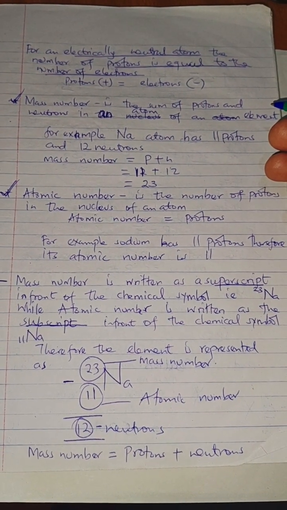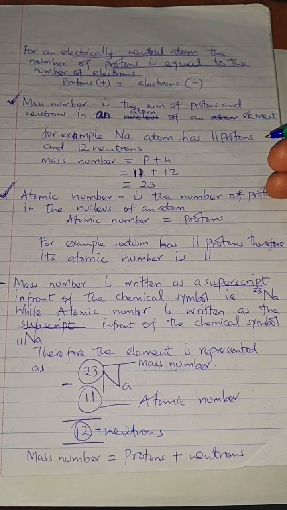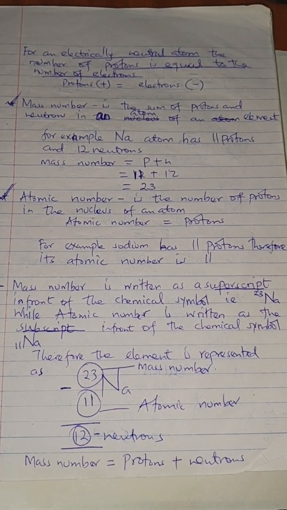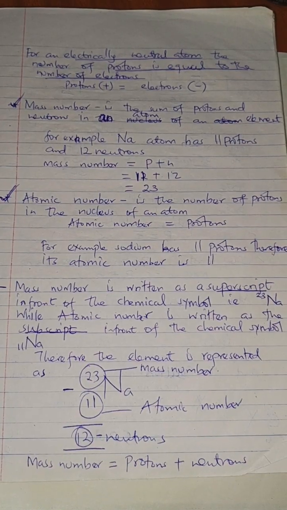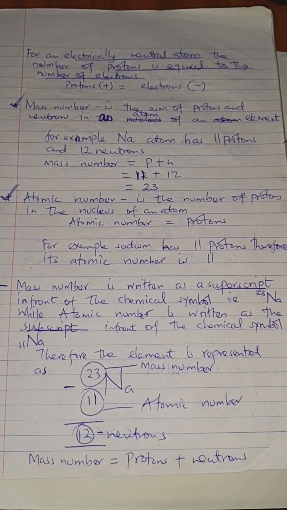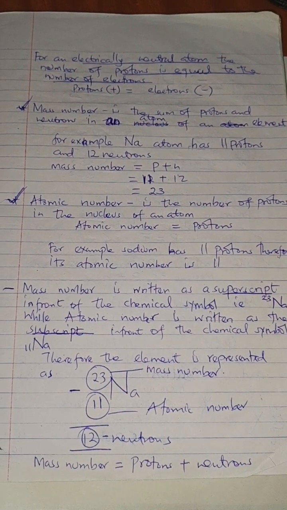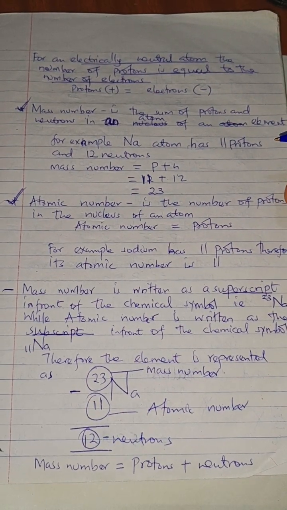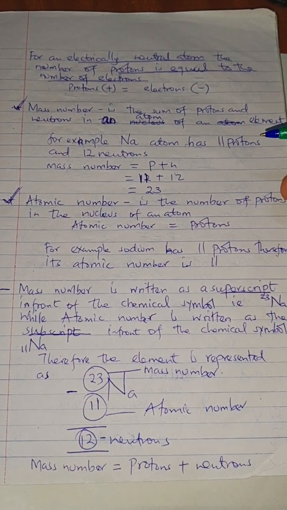Another thing that you need to know is atomic number. Atomic number is the number of protons in the nucleus of an atom. For example, sodium has 11 protons, therefore its atomic number is 11.